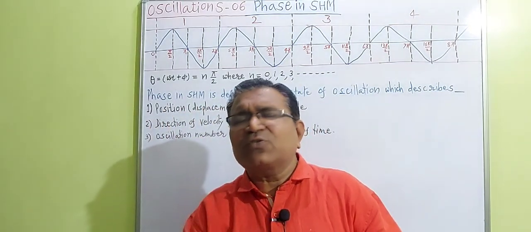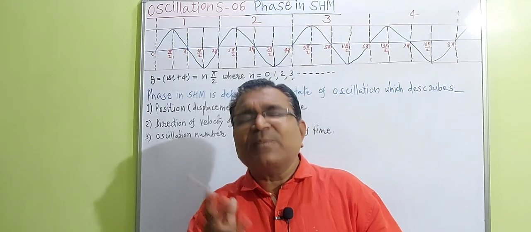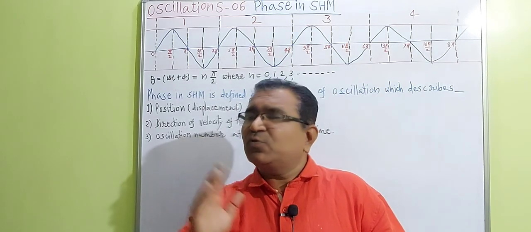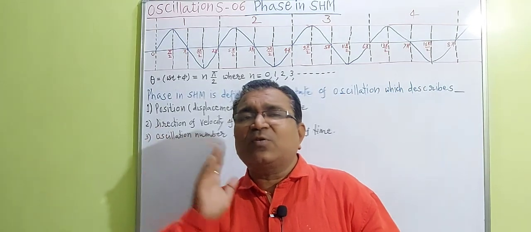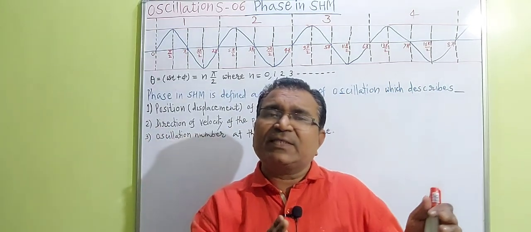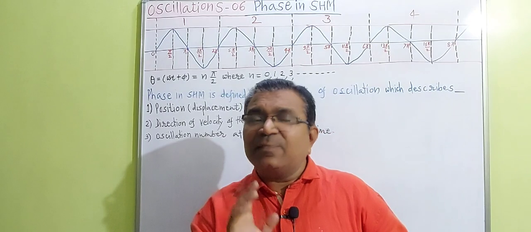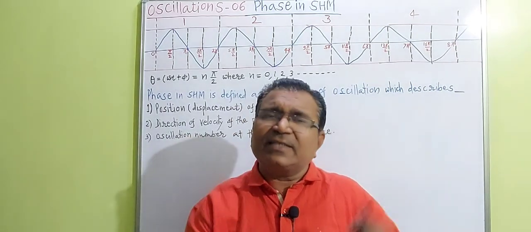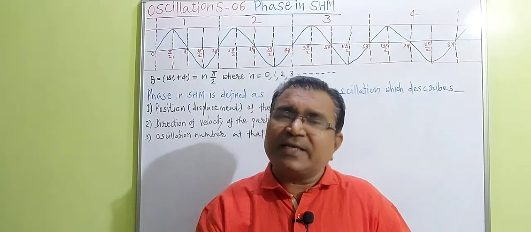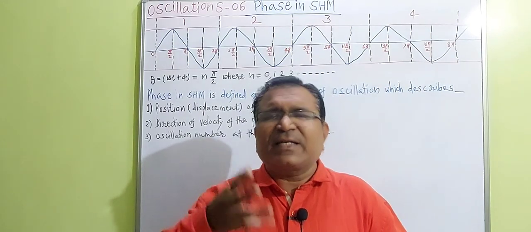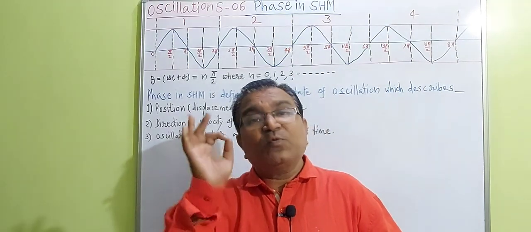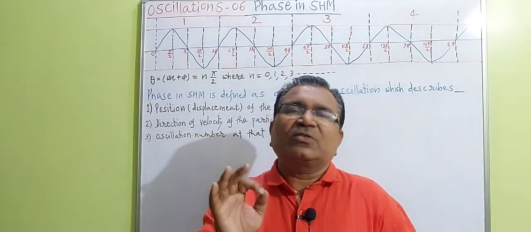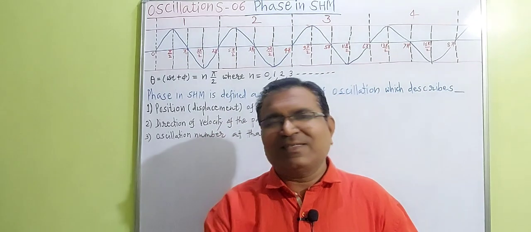What is the position of the particle? Where is the particle? Whether the particle is in between mean position and positive extreme, or mean position and negative extreme, or exactly at mean position, or exactly at positive extreme, or exactly at negative extreme. Where is the particle? It suggests the position or displacement of the particle.